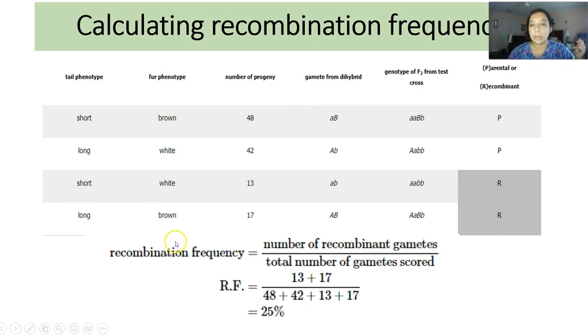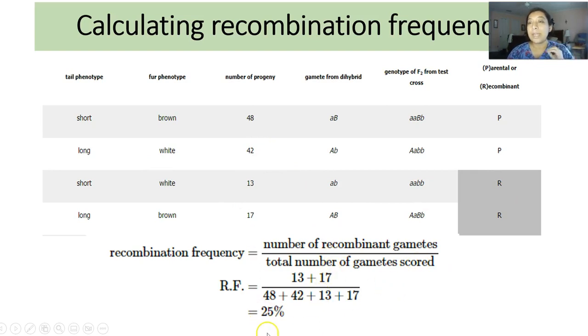And then the other two combinations are going to be your recombinants because they weren't one of the parents. So short and white or long and brown. Those are different than the originals, so they are going to be your recombinants. So your recombination frequency is going to be to add up the number of progeny you have with recombinant phenotypes and divide that by the total number of progeny in all, which is all of the different possibilities.